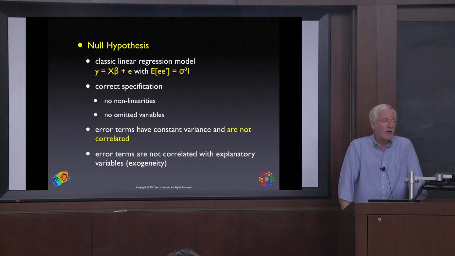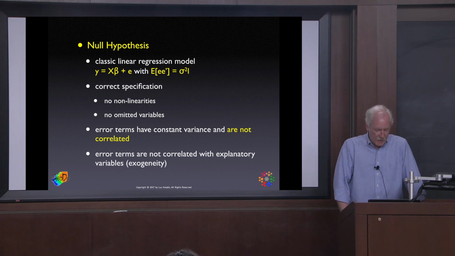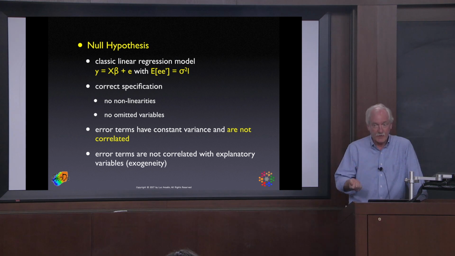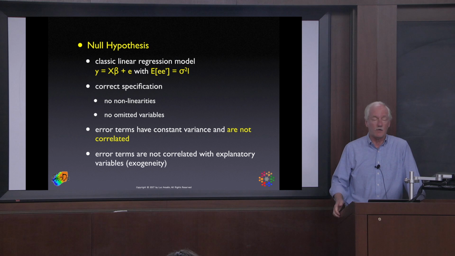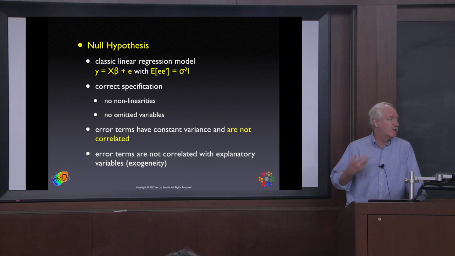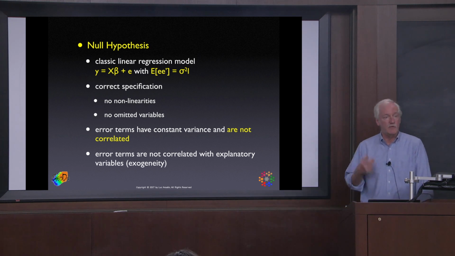And the way that is operationalized is by establishing that the explanatory variables are uncorrelated with the error terms, right? And so if they are correlated with the error terms, then we have simultaneity. And so then we have to deal with that.